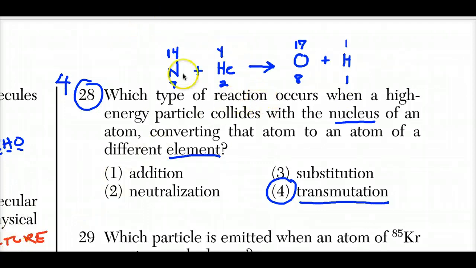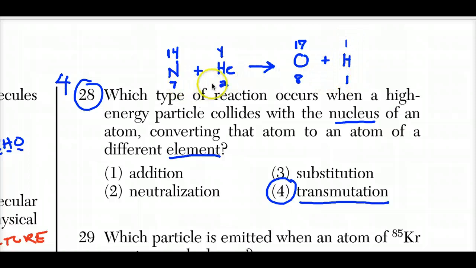Here is an example of artificial transmutation where we have a nitrogen nucleus and an alpha particle, as listed in table O. When it collides unnaturally, in the sense that these don't normally occur in nature, you're going to produce a brand new nuclide or atom, oxygen 17, an isotope of regular oxygen, and a proton.